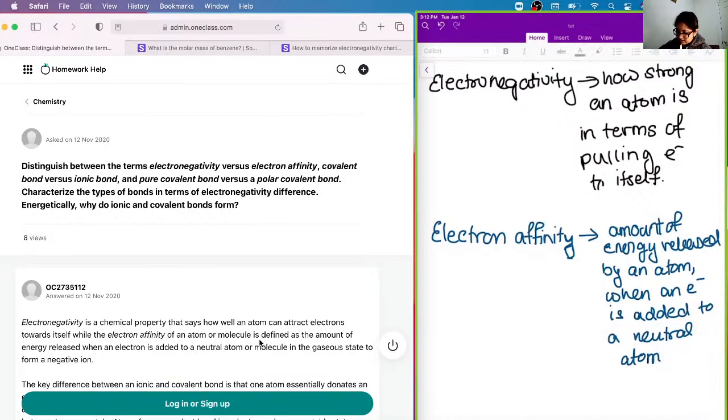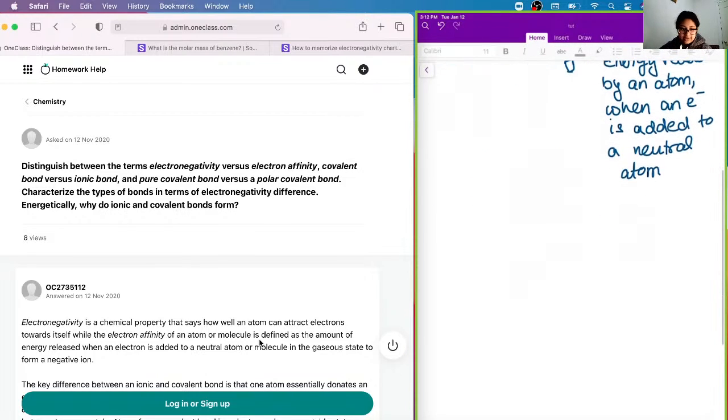And let's now talk about ionic and covalent bonds.